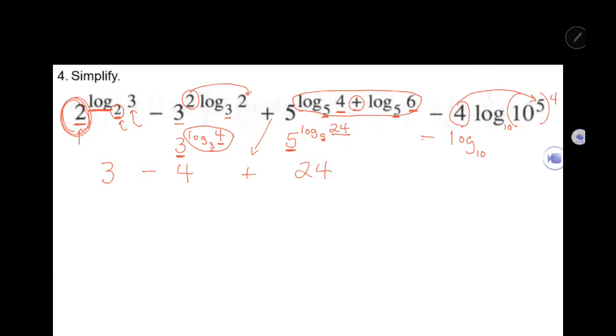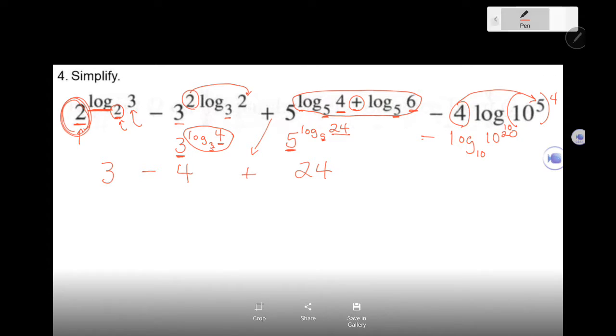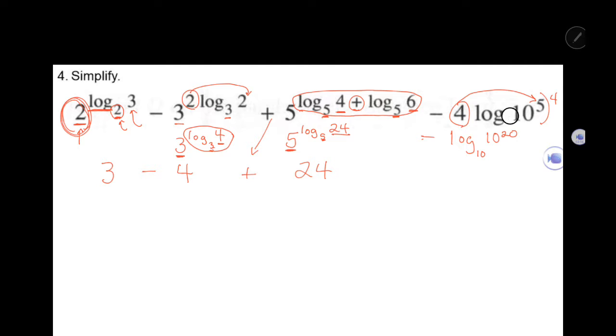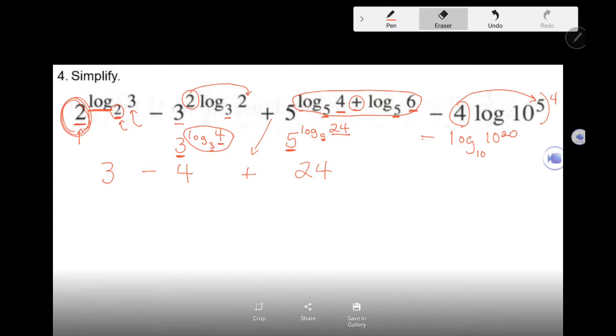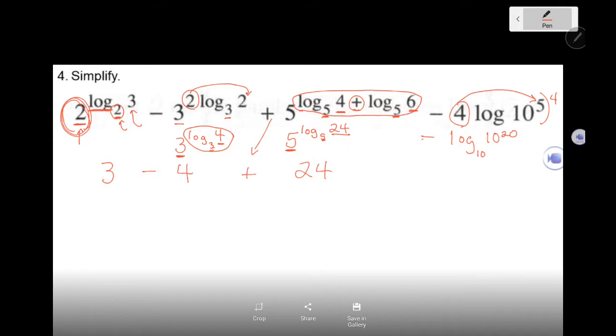I have 10 to the 20th. Maybe that's too much writing in there. You're supposed to know it's base 10, so I won't write it. It looks like it's cluttering things up. So I have 10 to the 20th.